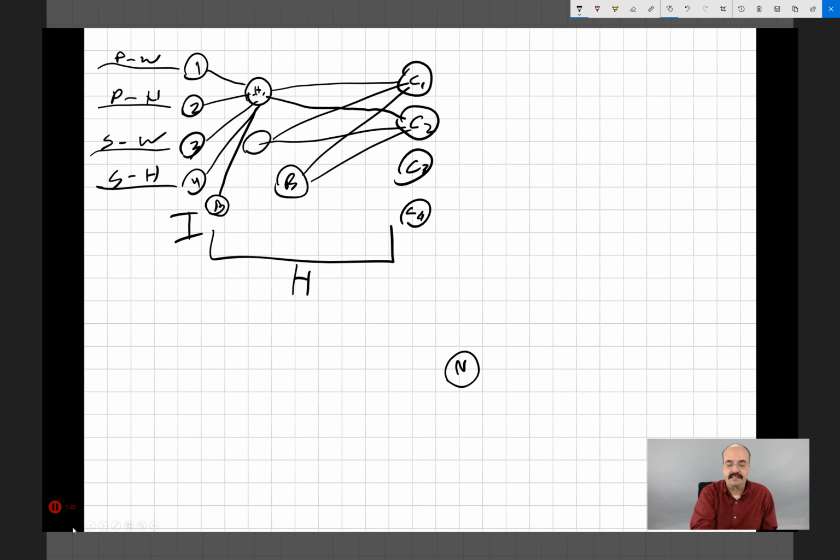So the point is, some input is coming to that neuron. If this was a hidden neuron, it would have, let's give it 3. We'll include the bias. And then it would produce some output.